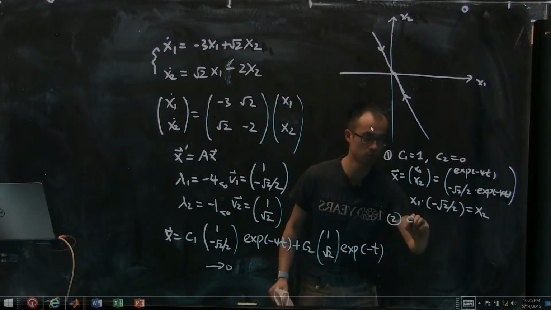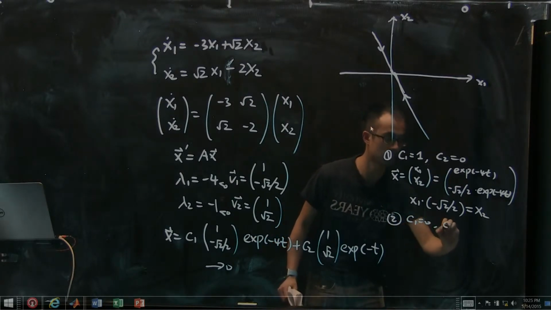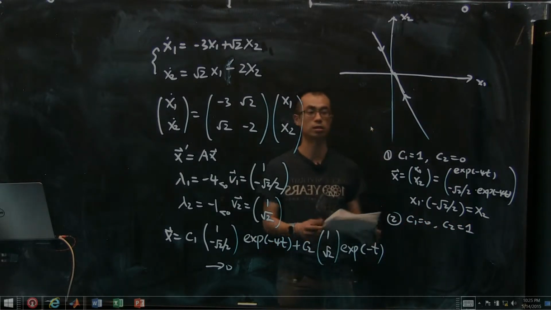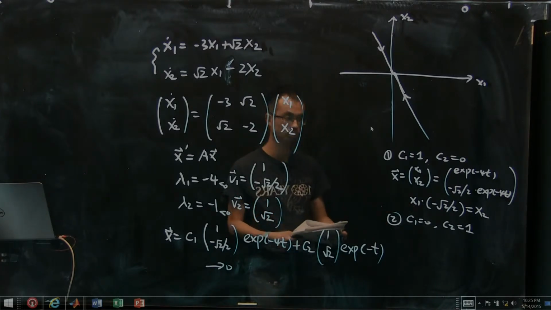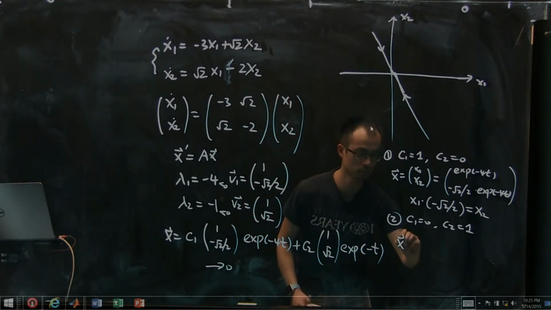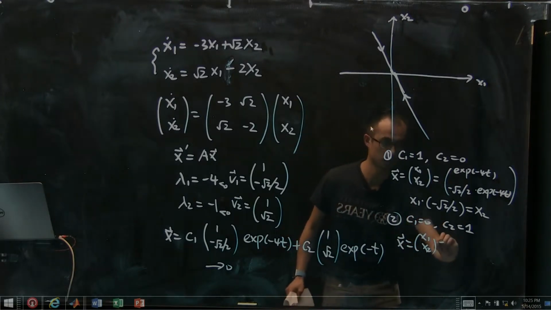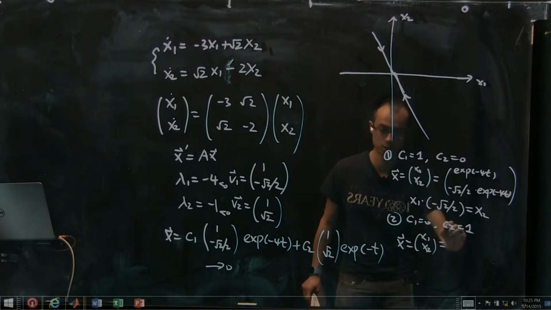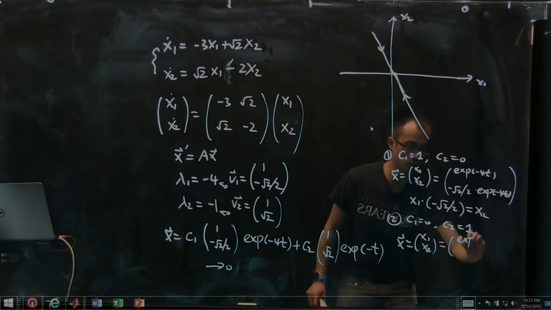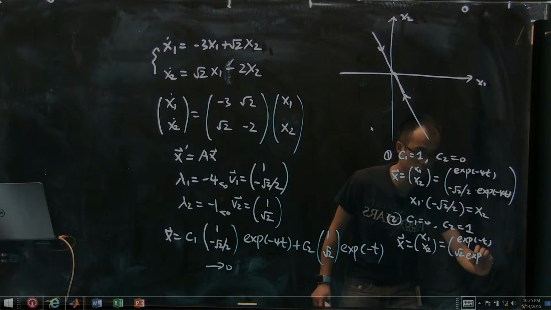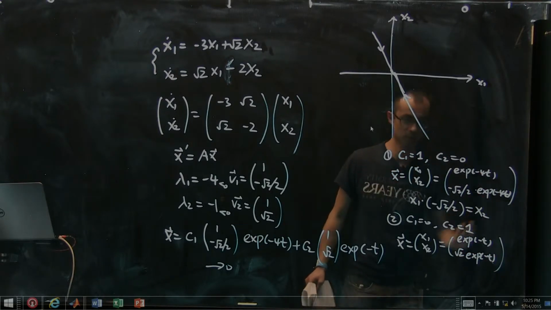Number 2, C1 equal to 0. Find some initial condition that makes this true. And this is C2, x1, x2 again becomes exponential of -t times (1, square root 2). Okay?